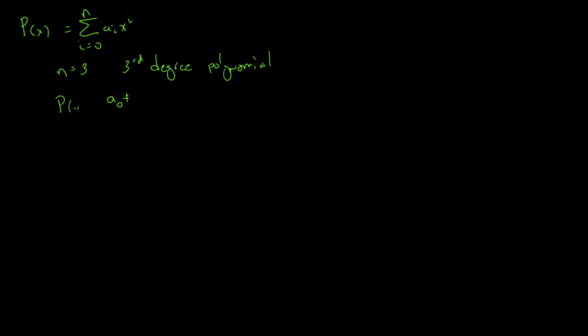Then we have a sub 1, x to the first power, a sub 2, x squared, and a sub 3, x cubed. And so here we have a third degree polynomial in its most general form. Now we tend to write these in descending order of power.